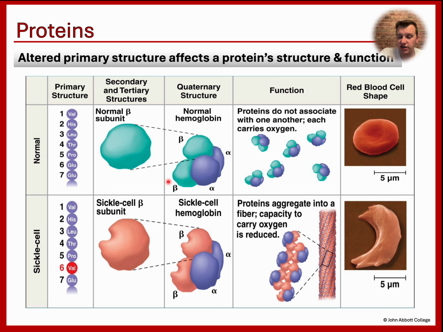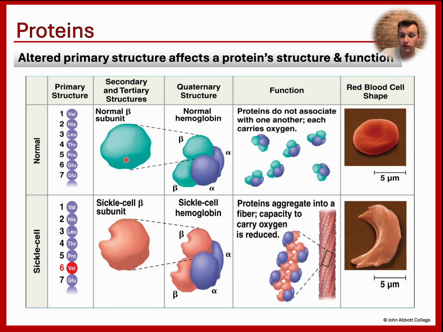In a condition called sickle cell disease, there is one amino acid, number 6, right? Converted from this amino acid to valine over here. And the subunit, right?